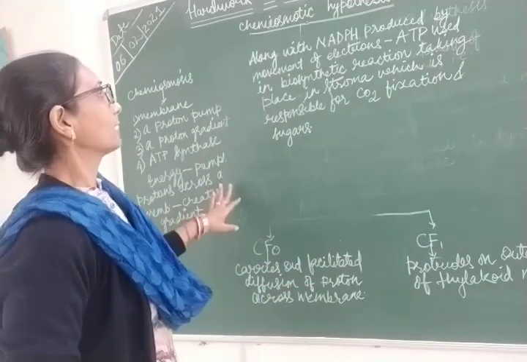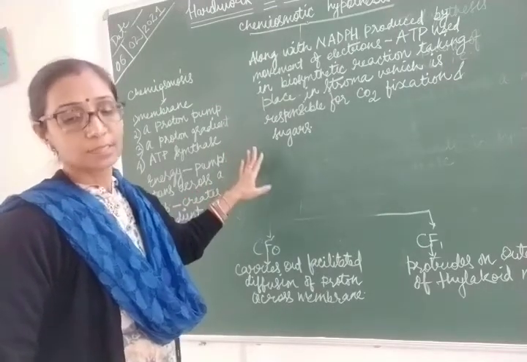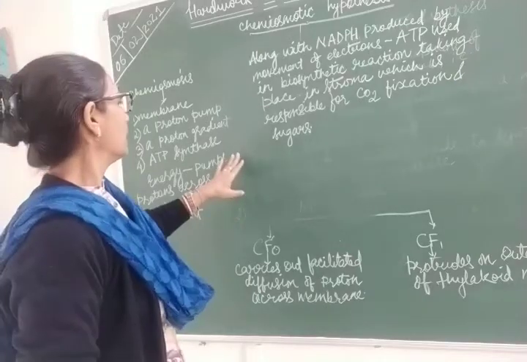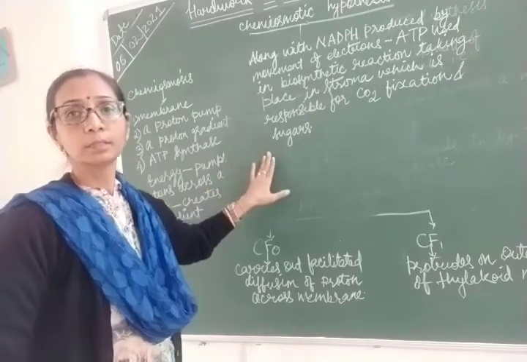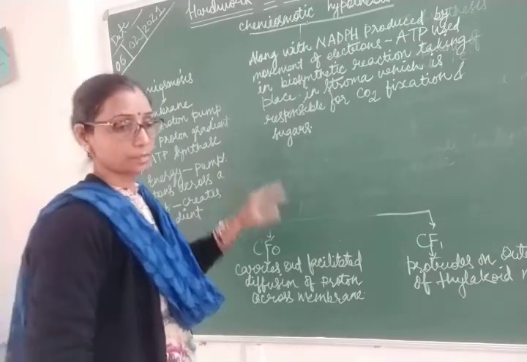So, in this way, the chemiosmotic hypothesis of ATP synthesis takes place along the photosynthetic phase in higher plants.